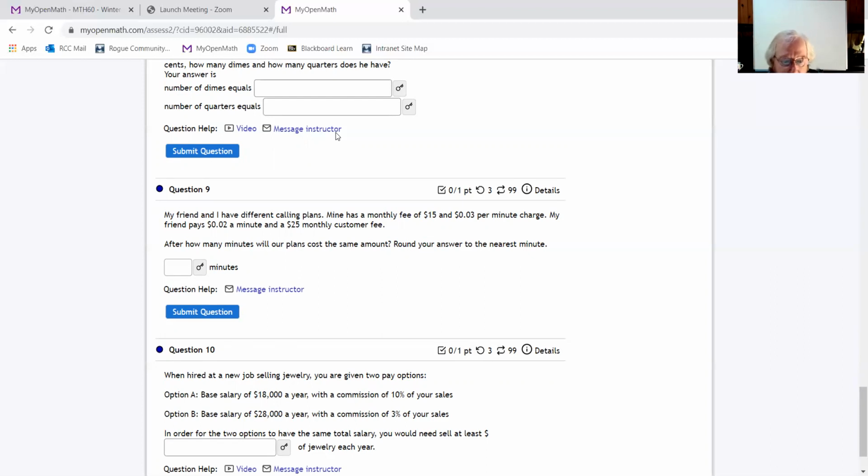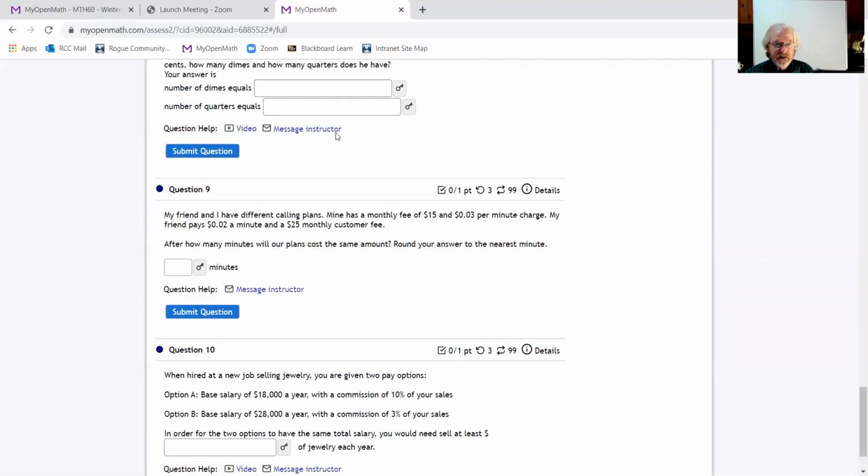So, two different calling plans. Mine has a fee of 15, there's that fixed amount, plus 3 cents per minute. There's your slope, right? Based on the number of minutes, there's a slope number. So you might say y equals 0.03x plus 15. I would say something like that for mine, right? The second equation is the same kind of shape.